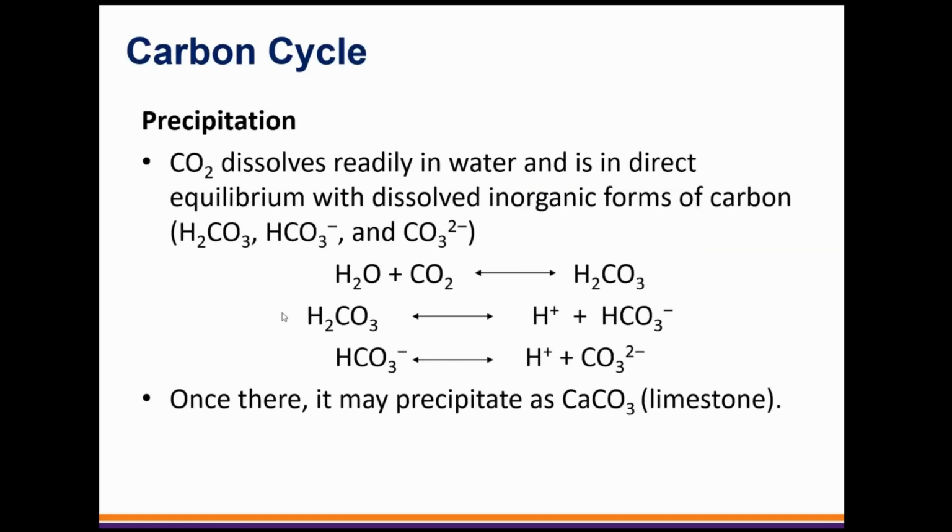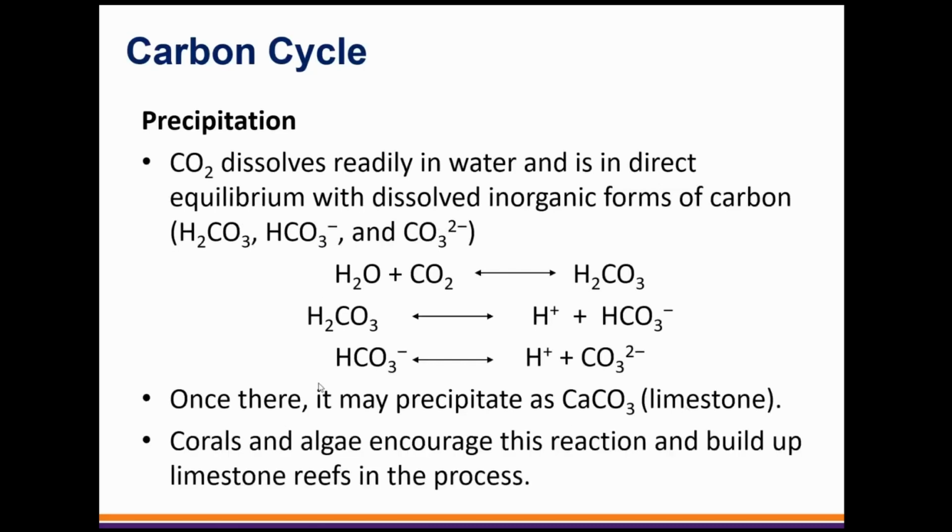And then once there, it may precipitate as calcium carbonate, known as limestone. Corals and algae encourage this reaction and the buildup of limestone reef in the process. This involves the precipitation of carbon dioxide to limestone or calcium carbonate. So this process usually occurs in the ocean.